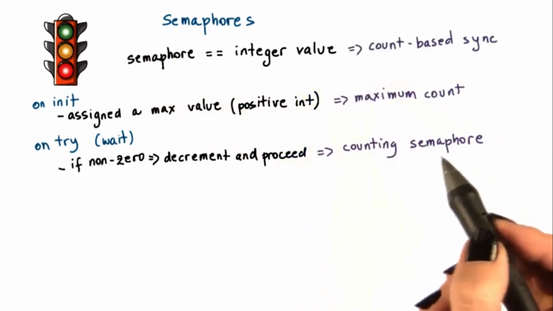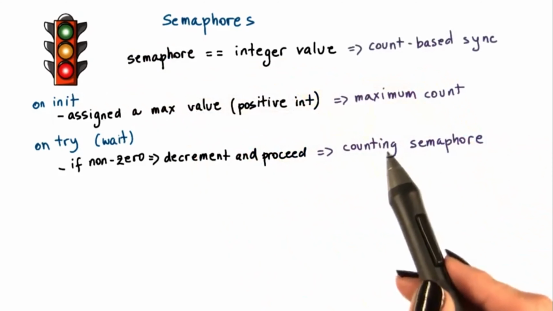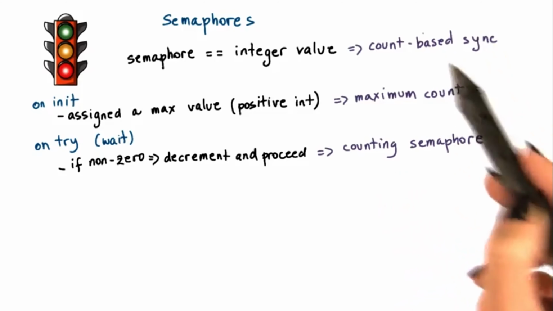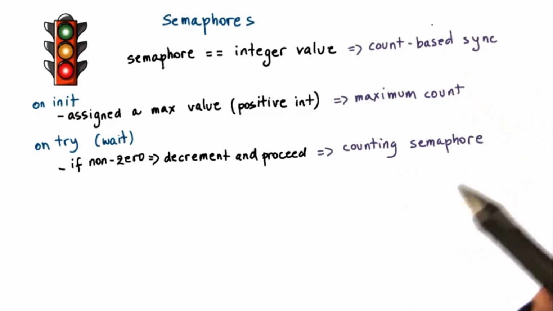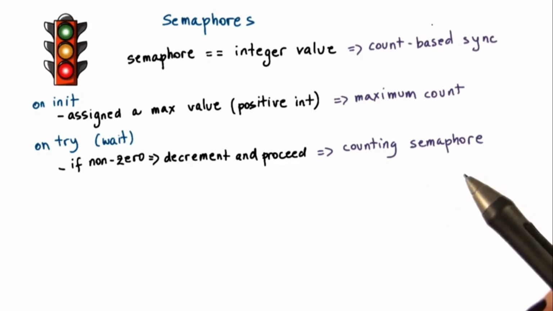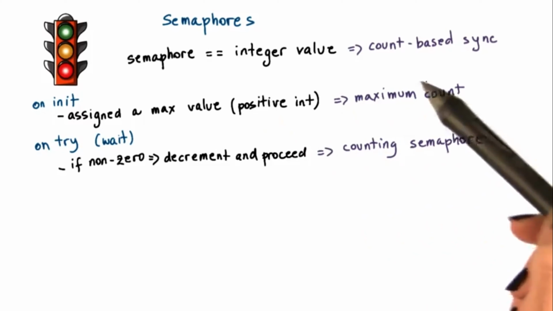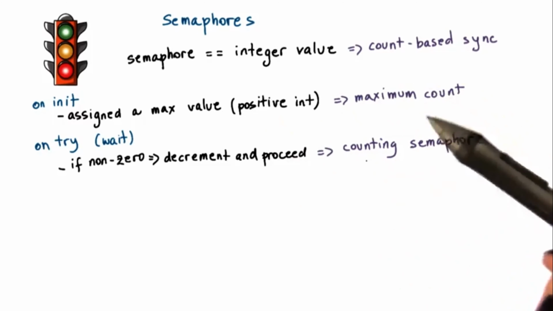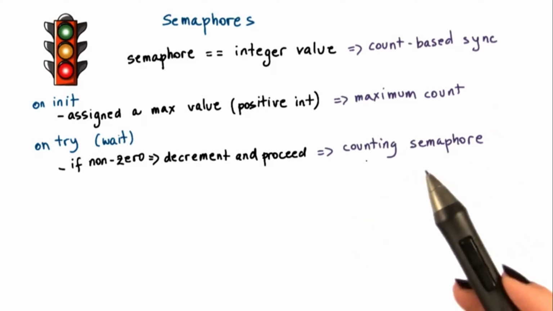So as a synchronization construct, one of the benefits of semaphores is that they allow us to express count-related synchronization requirements. For instance, 5 producers may be able to produce an item at the same time. The semaphore will be initialized with the number 5, and then it will count and make sure that exactly 5 producers are allowed to proceed.